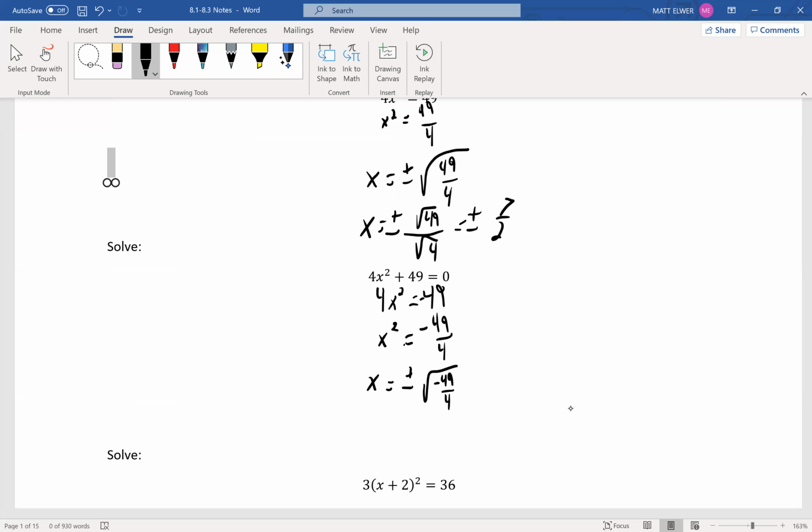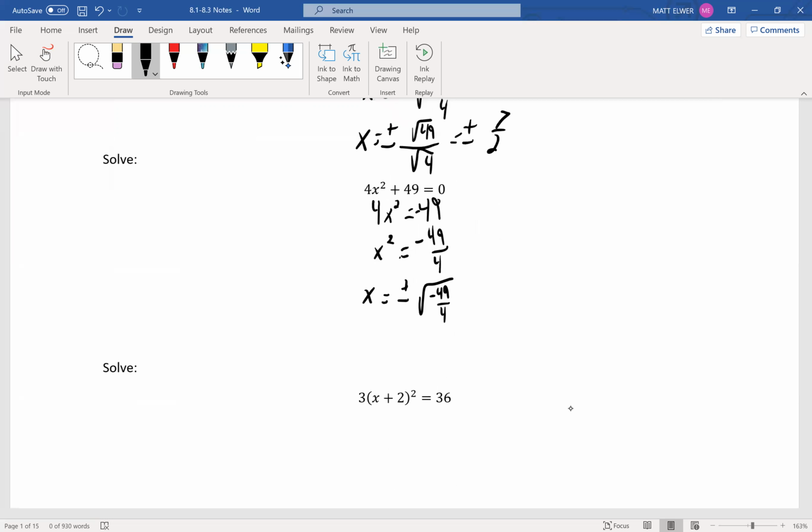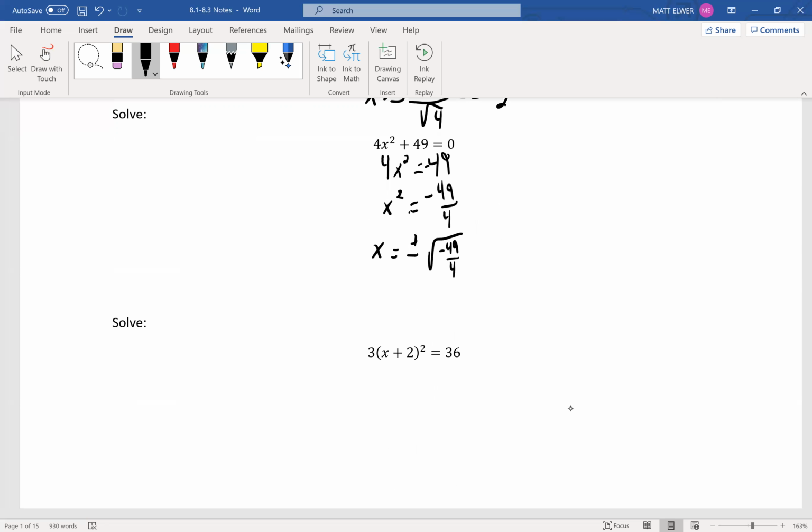And then remember when we dealt with imaginary numbers, we can pull that negative out by saying this is equal to plus or minus the square root of negative 1 multiplied by the square root of 49 over 4, which we already know is 7 over 2. And remember that the square root of negative 1 is just equal to i, our imaginary number. So we have x is equal to plus or minus 7 over 2 i.